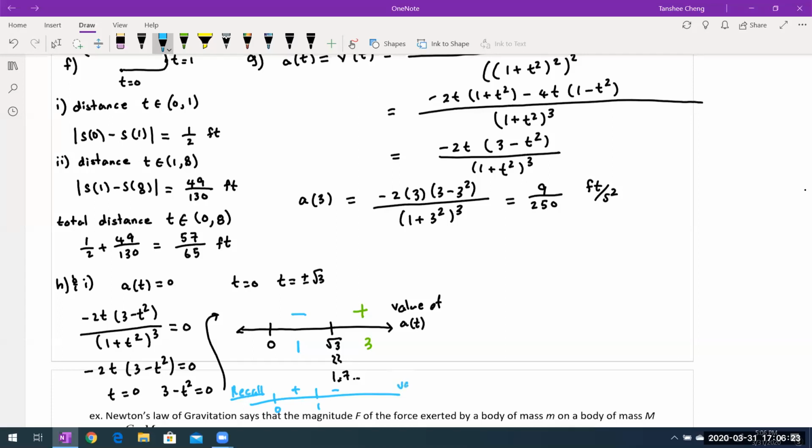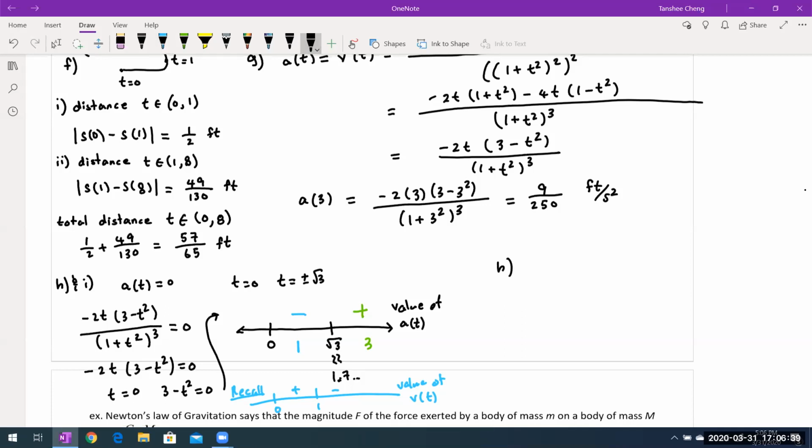This is the value of the velocity function that we saw before. So now, from looking at these two interval graphs, I can start answering my questions for h.